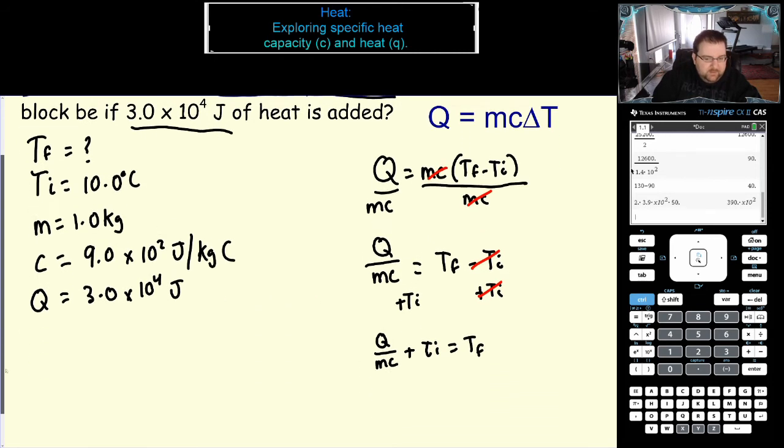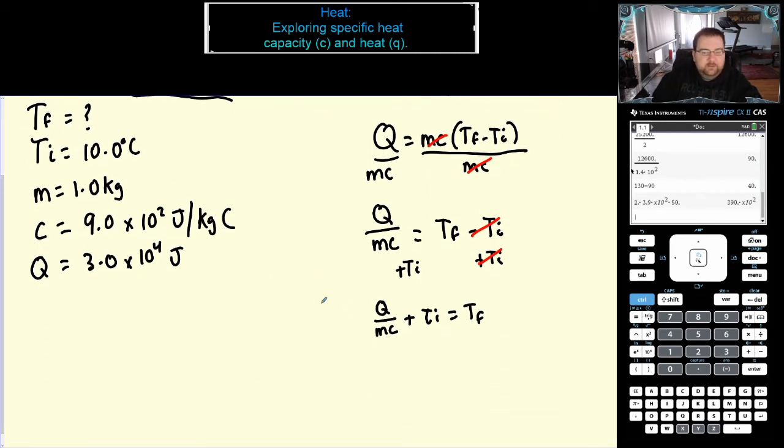Okay, now that we have this lovely formula here, we can plug everything into it. So I'm going to swap the two sides, and the only reason I'm doing this is I want my TF to be on the left side because that's the way we usually write, something equals something else.